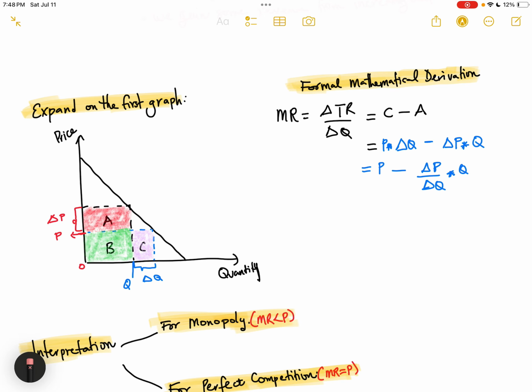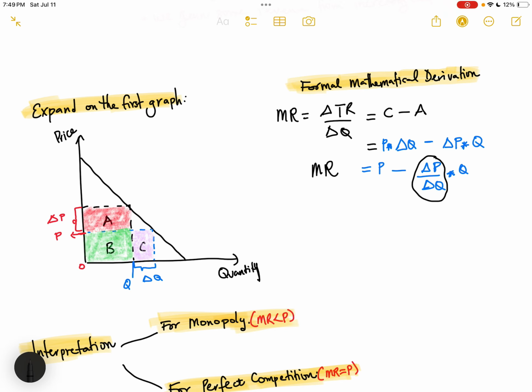All right. And so what have we found here? Well, what we have found here is marginal revenue. Now, for those who think, hey, this looks a little different from my textbook, yeah, it's similar, or it's the same really. Change in P over change in Q is the slope of the inverse demand curve, right?